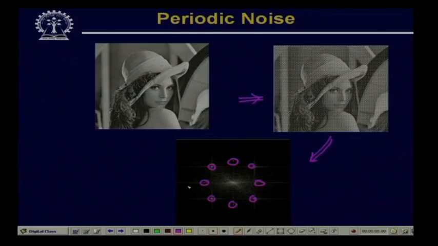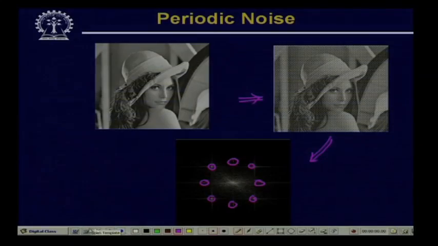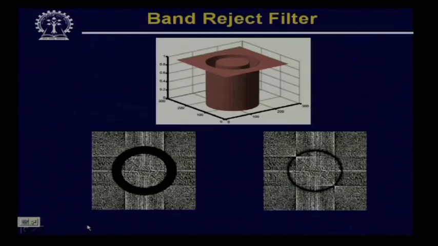All these bright dots tell us the frequency of the periodic noise which contaminates the image. So, once I have this information, I can go for an appropriate band pass filtering to filter out that region, that part of the Fourier coefficients. That is what has been shown next.